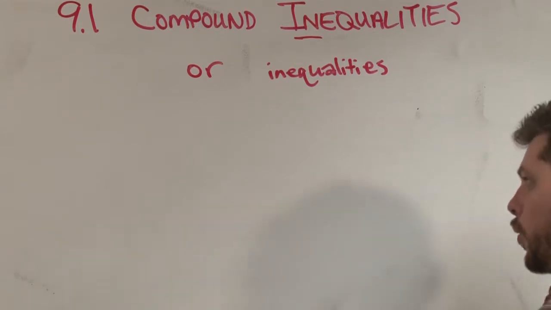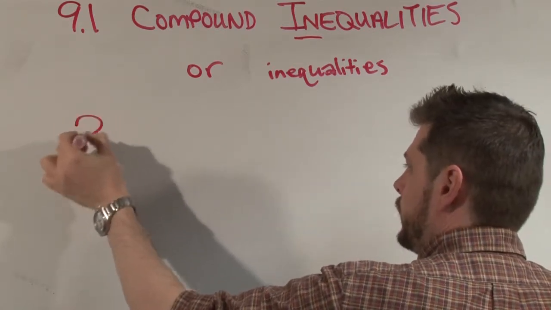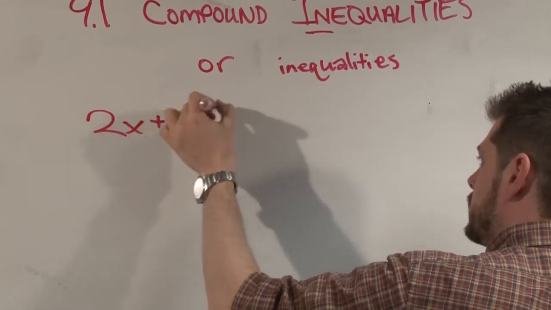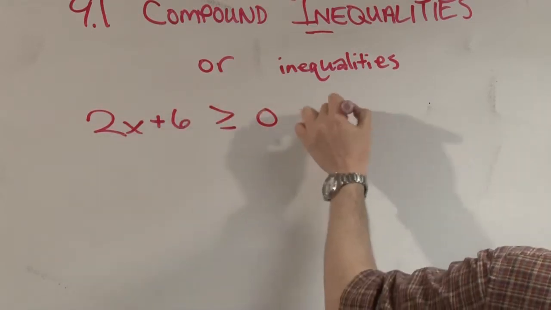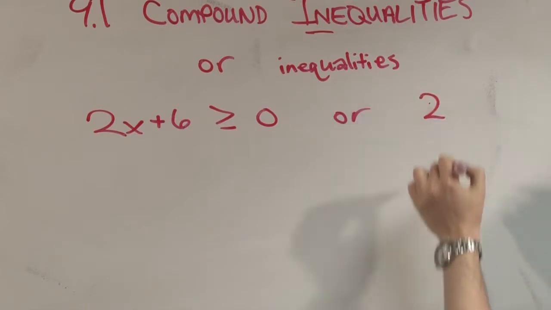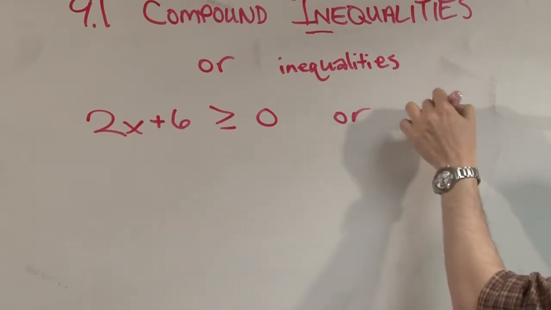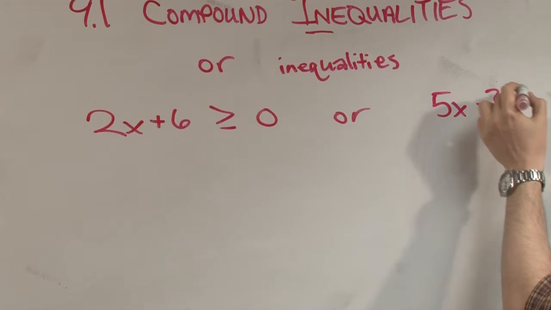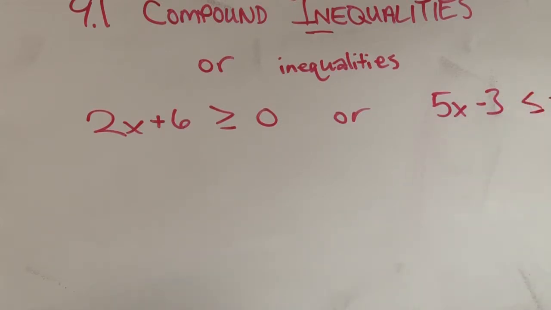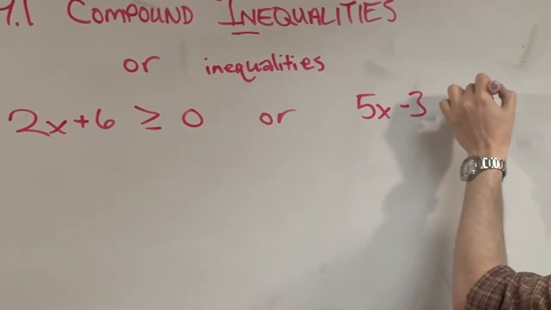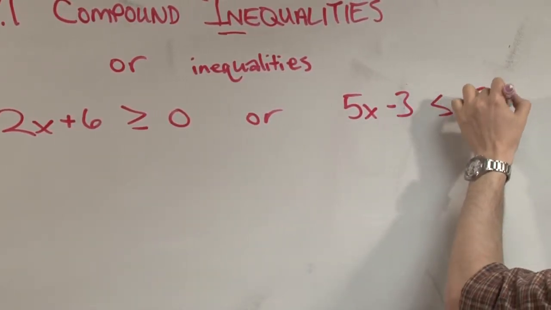You'll always see them as 2x plus 6 is greater than or equal to 0, or, well, let me use a different one, 5x minus 3 is less than or equal to negative 3. Let me say 30. There we go.